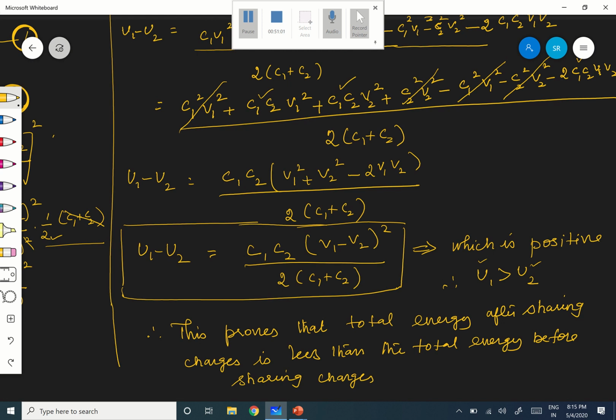That the total energy after sharing charges is less than the total energy before sharing charges. Okay, so this is a very, very important result.